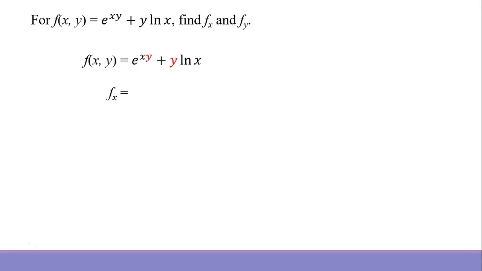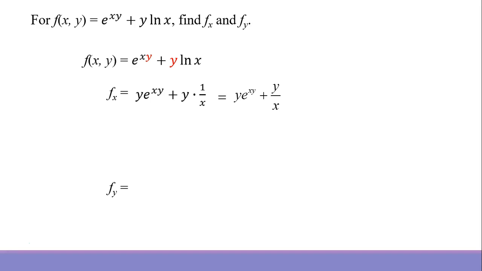That would give us the e to the xy back again, times the derivative of the exponent, which is y. And the derivative of the second term, well, since y is a constant, we'll have that constant times the derivative of the natural log of x, which is 1 over x. We could decide that we want to rewrite that.